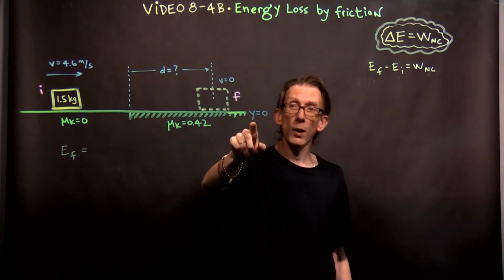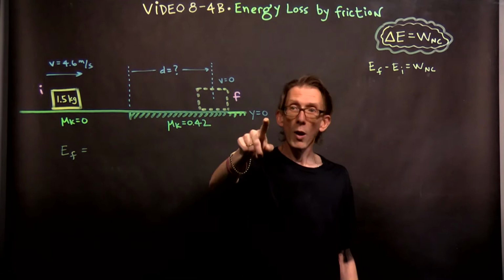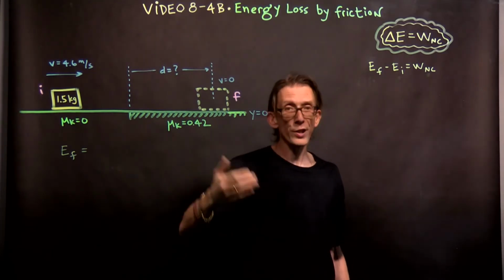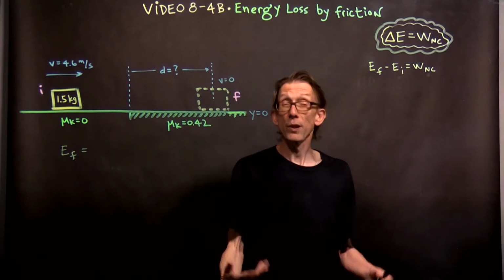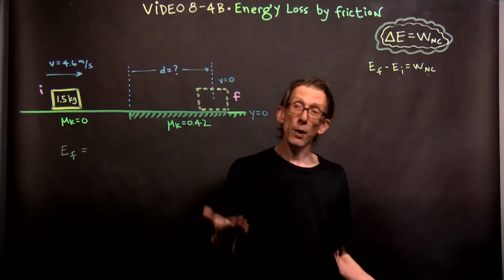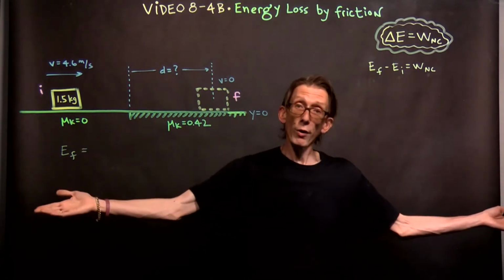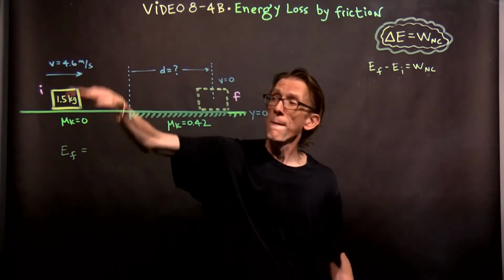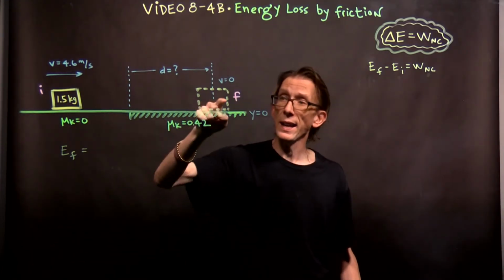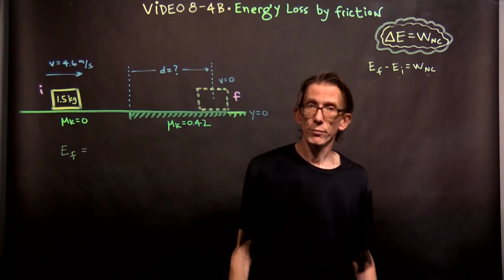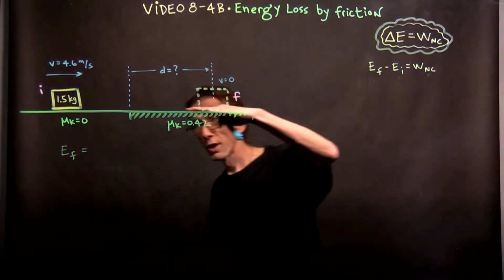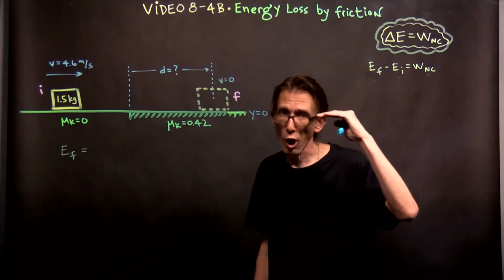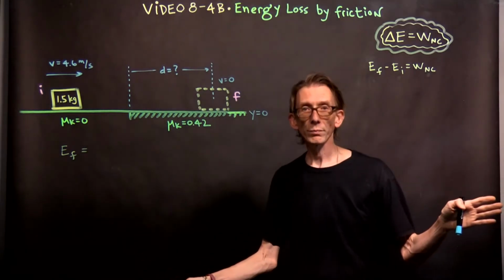If we had called this y equals 13 meters or y equals negative 73 meters, we'd have to put a potential energy term in, because some of the energy would be gravitational potential energy. But if we call it 0, then all the gravitational potential energy terms go away, and we don't have to worry about it, because there's no vertical motion between I and F. It's all horizontal. So we can choose freely to call the height where the block is 0, so that the gravitational potential energy is always 0, and we're done with it.